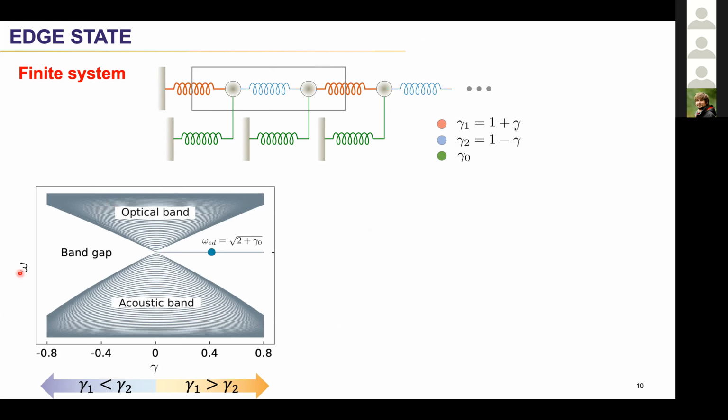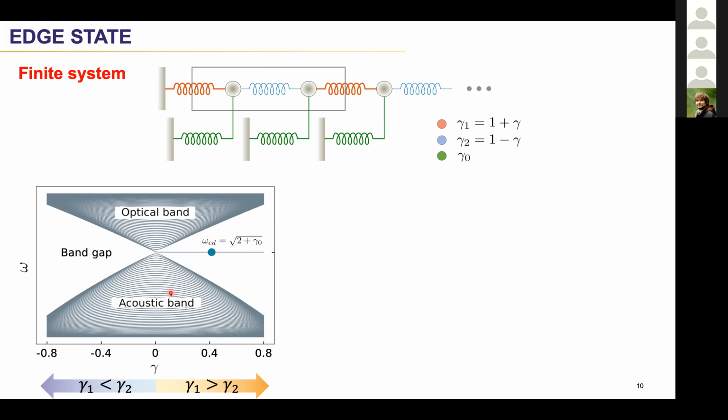Gamma controls the relative strength between these two springs, gamma 1 and gamma 2. When gamma is 0, both the springs are the same and we don't have any band gap. But when gamma is non-zero, we have two different stiffnesses, and that's why we have band gaps on the left and right.